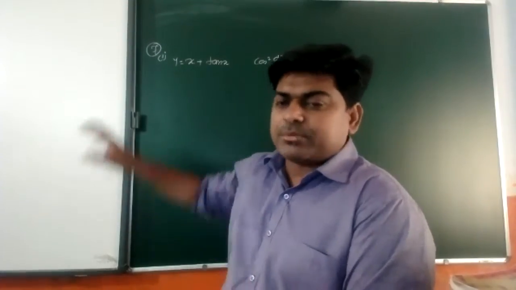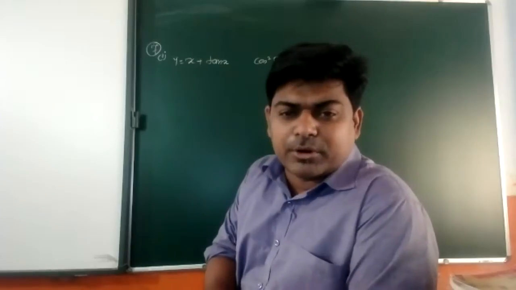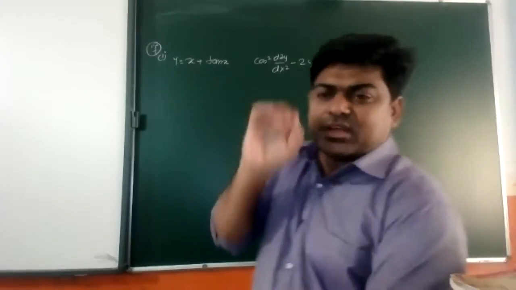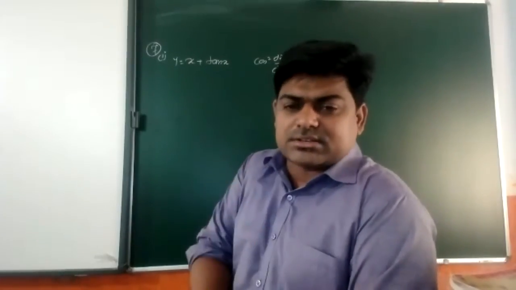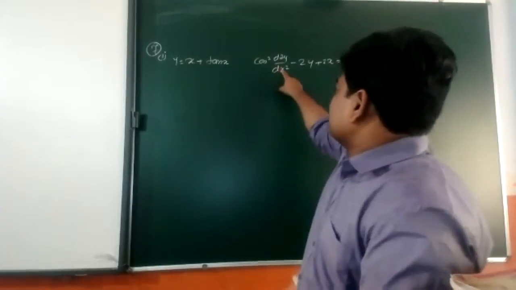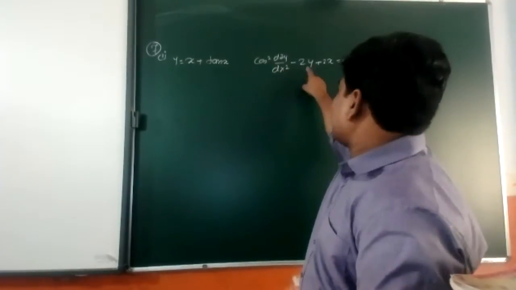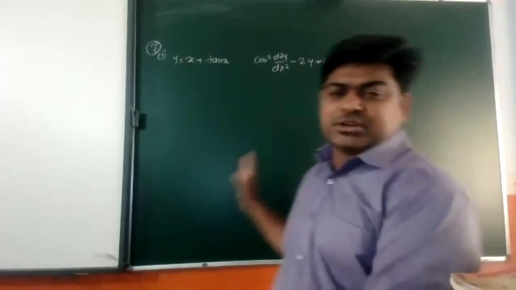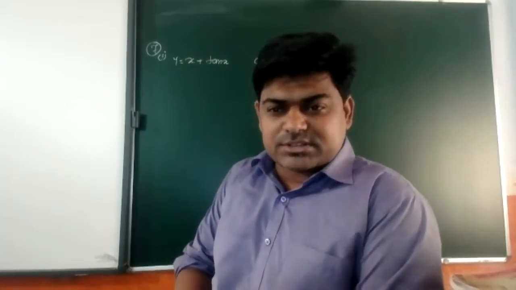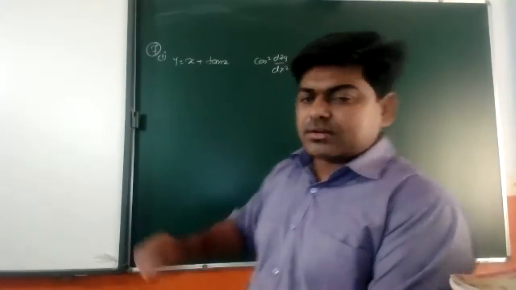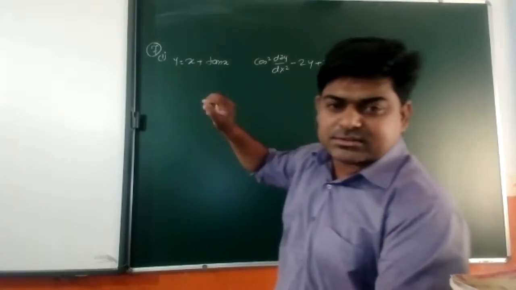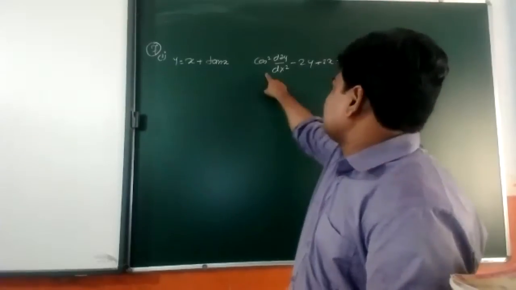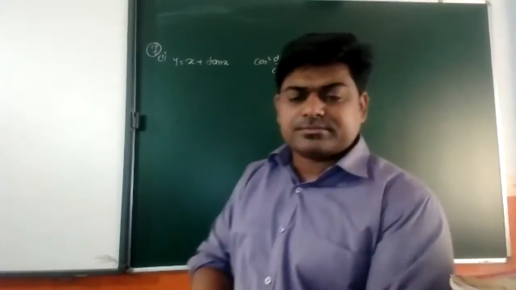Suppose you have started with a question and you are not able to arrange it to find the result. Then another way is to substitute the value of d2y by dx square and the value of y here, and after simplification, if we get 0, it means it's true. Are you getting what I said? The first method is that we find dy by dx and d2y by dx square, and after simplification we directly get the result.